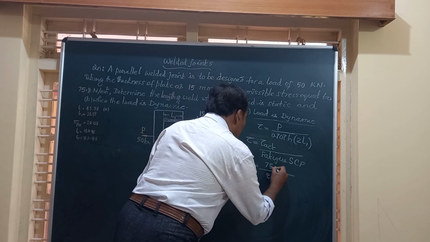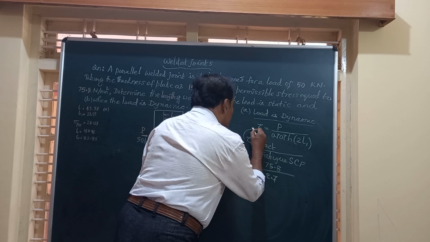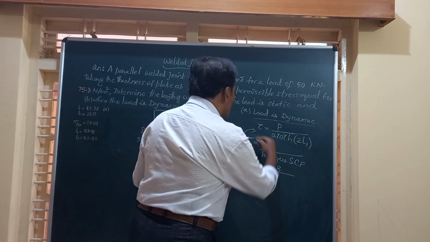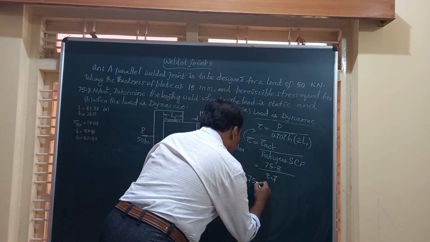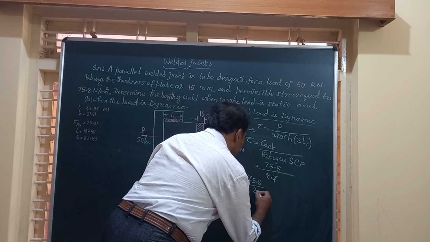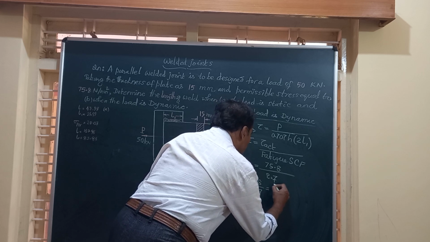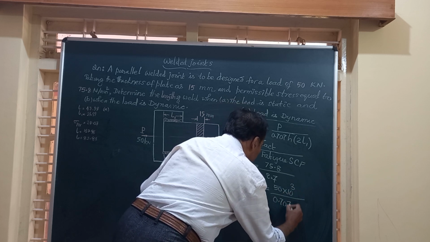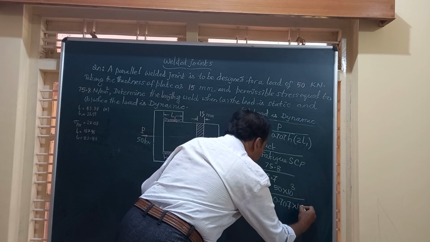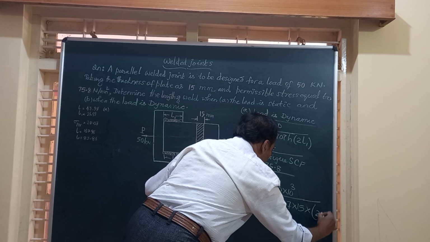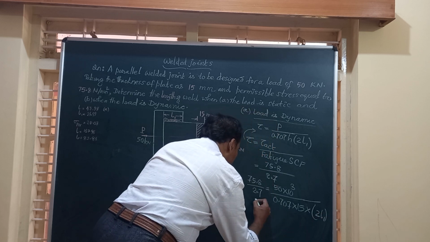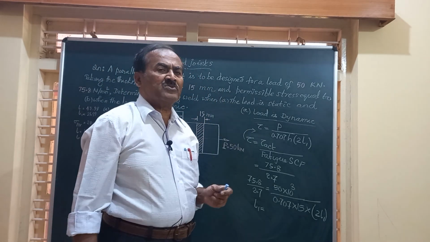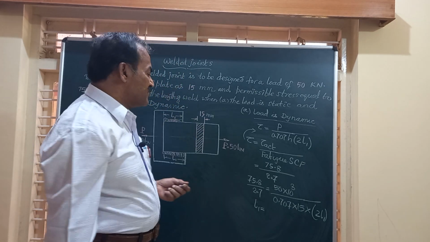So this tau actual is 75.8, and this value of the shear stress is to be used here when the load is dynamic. So friends, if you use this value, you get 75.8 divided by 2.7 is equal to P, which is 50 into 10 to the power of 3, divided by 0.707 into H, which is 15, multiplied by twice L1. So friends, very obviously you are going to get this length a higher value compared to that of the length obtained in the case of static loading.